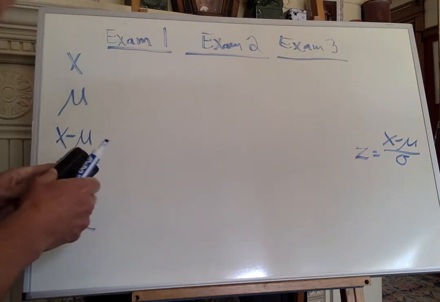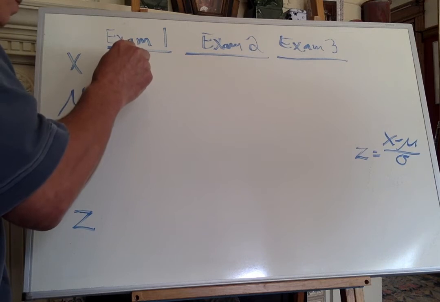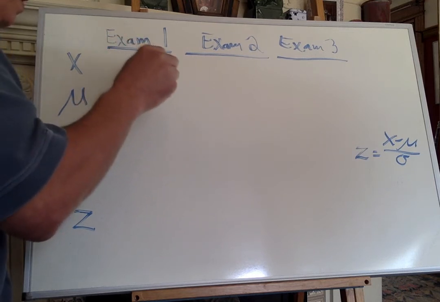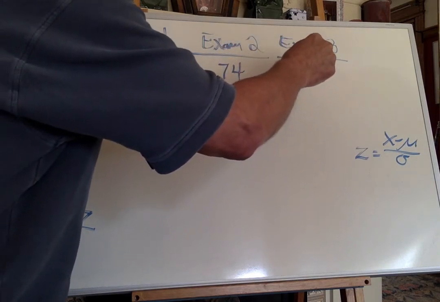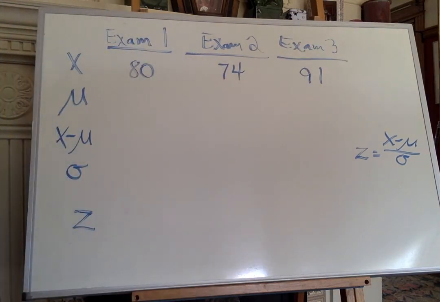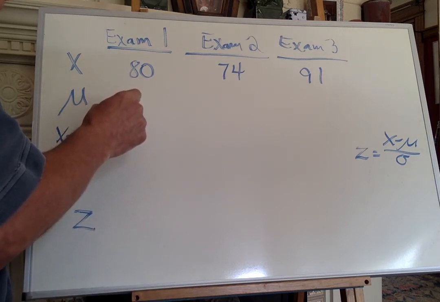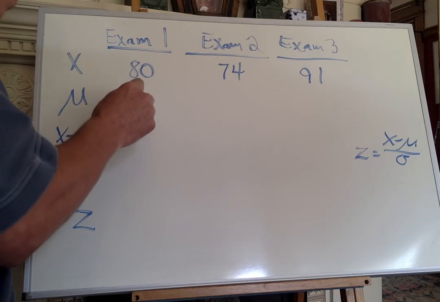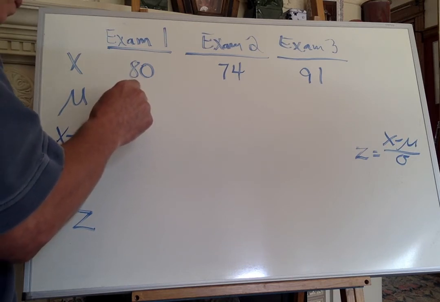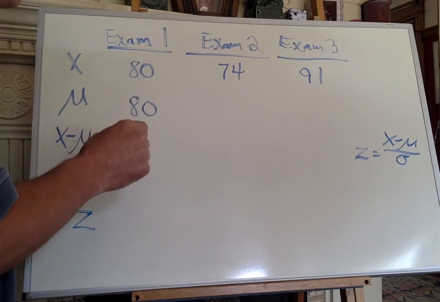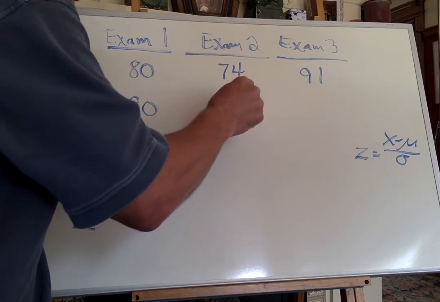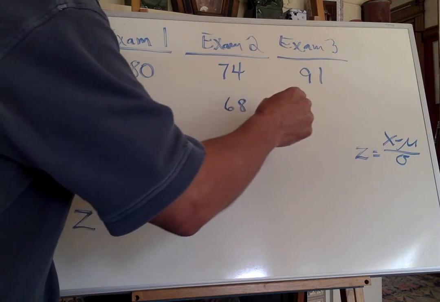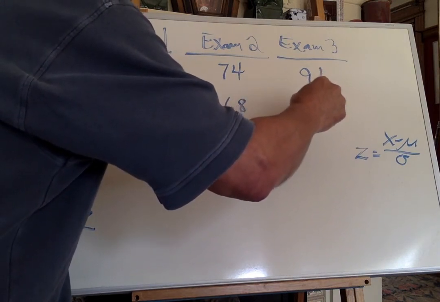Let's suppose on the first exam you got an 80, and on the second exam you got a 74, and on the third exam you got a 91. Looks like exam 3 you did the best, right? Well, let's say that the average for exam 1 is 80, the average on exam 2 was a 68, and the average on exam 3 was an 85.